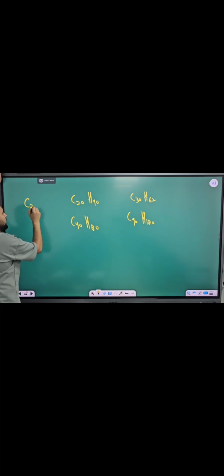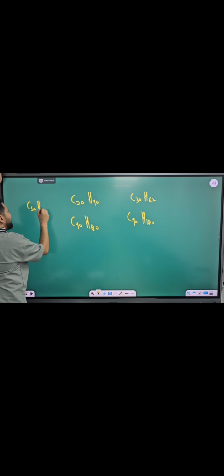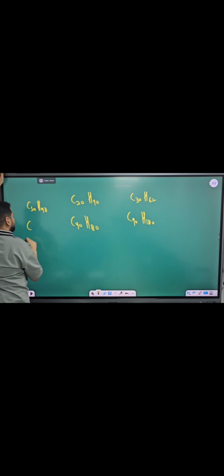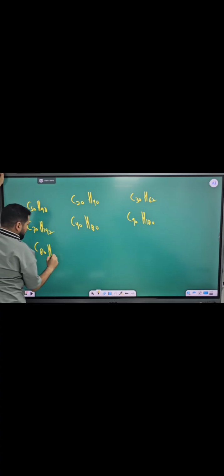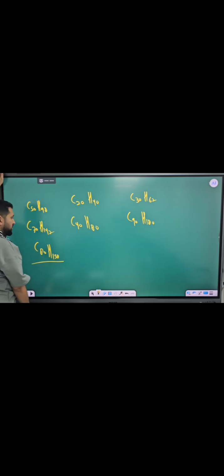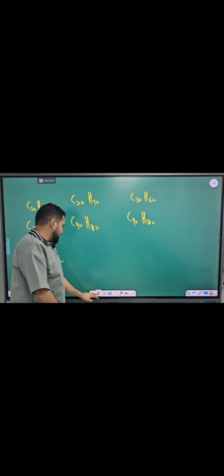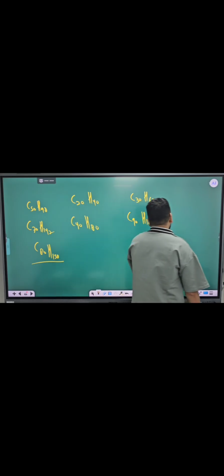Similarly, I am writing, for example, just give me a minute, C50H98. Similarly, I am writing C70H142. Similarly, I am writing C80H158. You have to identify which one is alkane, which one is alkene and which one is alkyne.